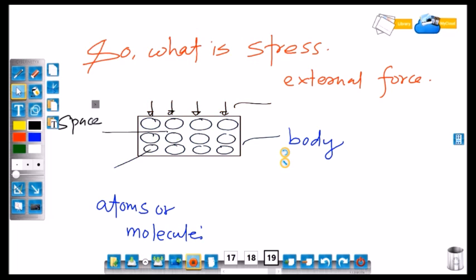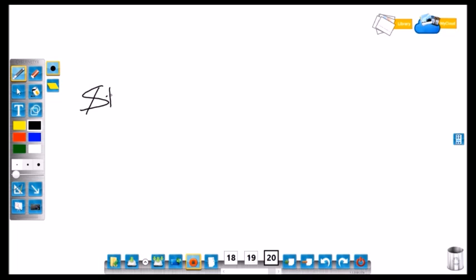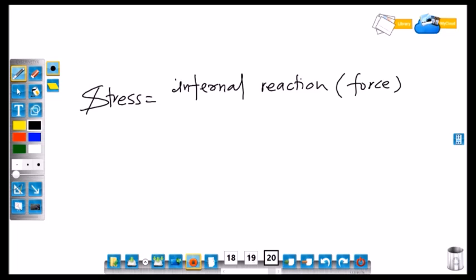That's why the body will try to attain its original shape. So the body gives an internal reaction that is equal to the external force in the opposite direction. So stress is the internal reaction given by the body per unit area of the body.